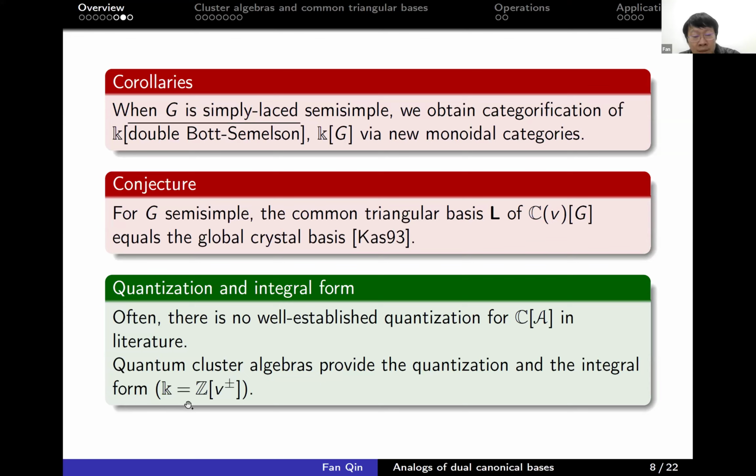You simply take the base ring to be the Laurent polynomial ring in the quantum parameter v. Right? So by taking the integral form, this allows you to specialize v equal to 1, and you get a semi-classical limit. So from this point of view, if you view some coordinate ring from Lie theory as a cluster algebra, you get quantization and integral form for free.